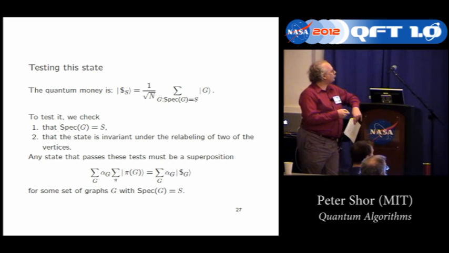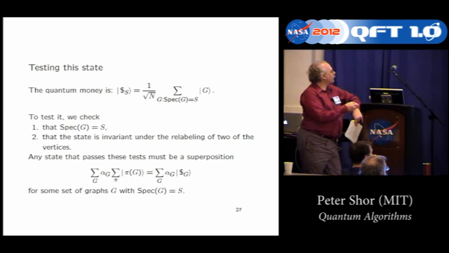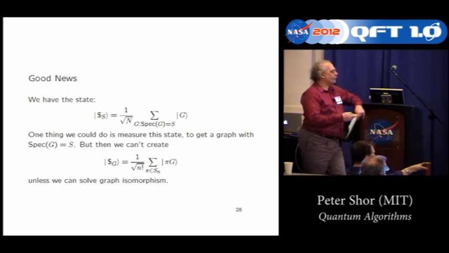Any state that passes these tests must be a superposition, with some weights, over equal superpositions of labelings of graphs. It's easy to check that anything that passes these tests is a superposition of these things, which we believe are hard to create if you can't solve isomorphism.